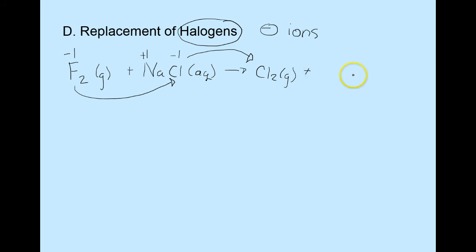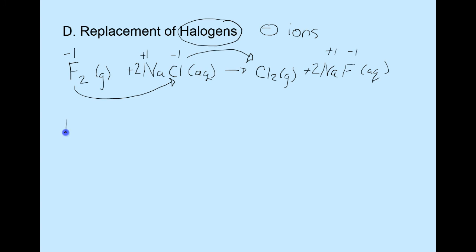So do this. Write the symbol for sodium and the symbol for fluorine without subscripts. Check the charge. Sodium's positive 1, fluorine is negative 1. Correct formula is NaF, and that will be your aqueous solution. Balance, 2 in front of sodium fluoride, 2 in front of sodium chloride.